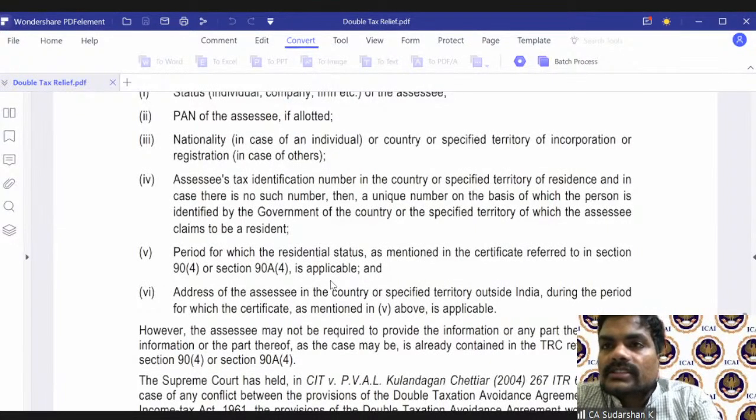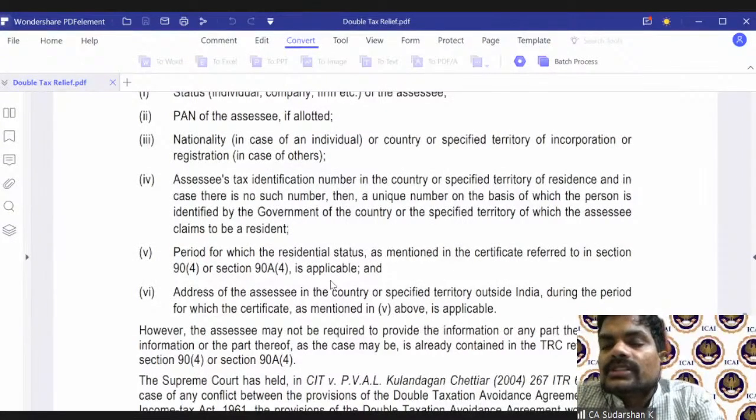One of the clauses in the India-Mauritius tax treaty was that any capital gains that a Mauritian resident gets will only be taxed in Mauritius. I repeat, a Mauritian resident earns any capital gains. It may also be from India.